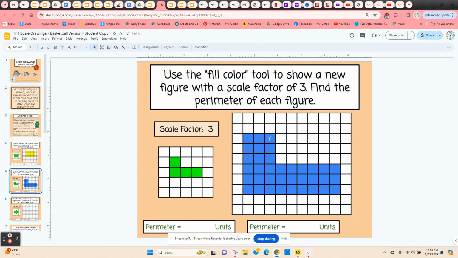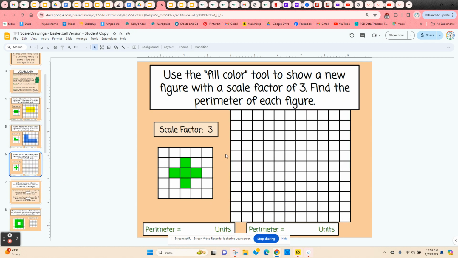And now they have a scaled up figure, scaled up by a scale factor of 3. So all of the sides are multiplied by 3. Again, the perimeter of the smaller figure is 10 units. But now because the scale factor is 3, the perimeter of the larger figure will be 30 units. So you just multiply the smaller perimeter by the scale factor.